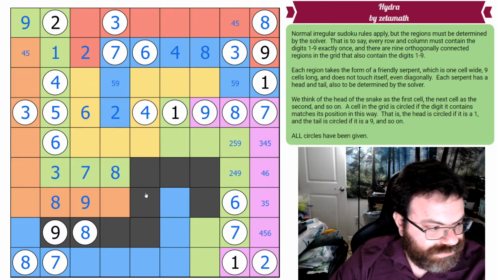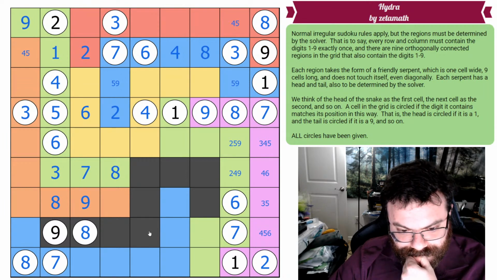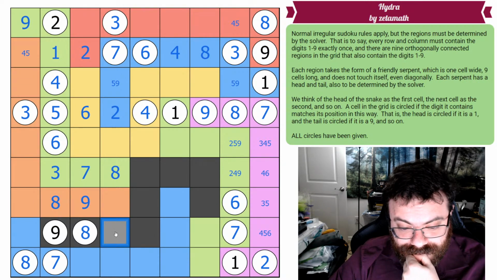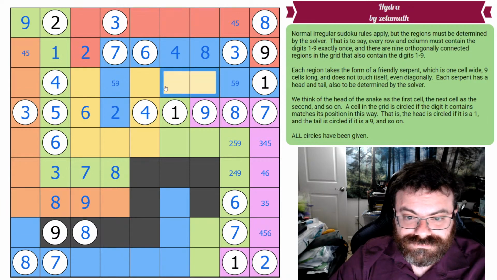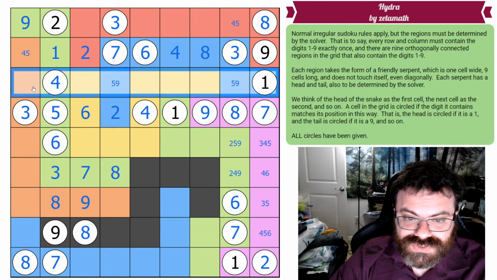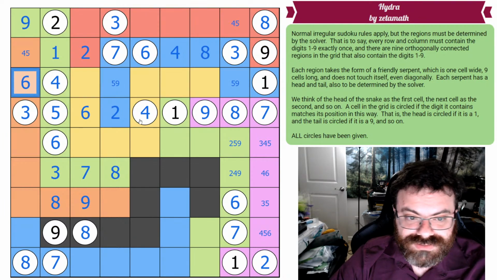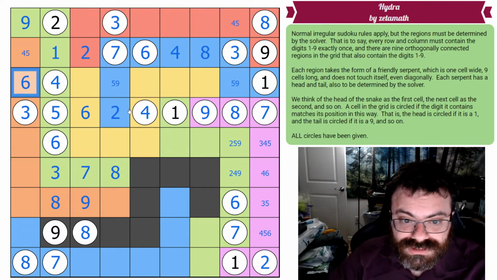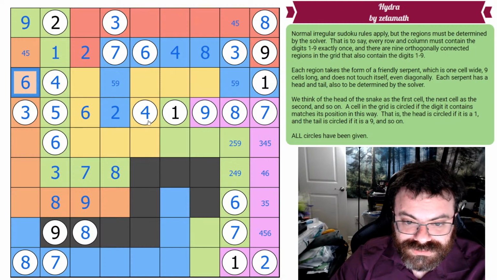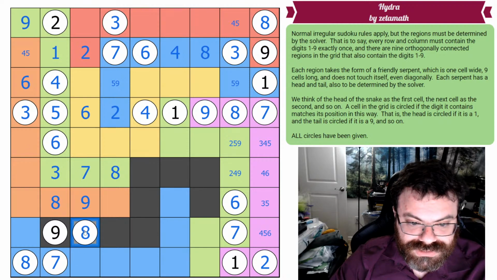What's next? Six in this row, actually. Can't be in the blue or the yellow, so this is 6 for the row. Trace all the 8s.